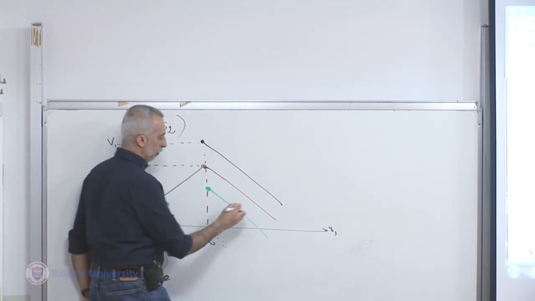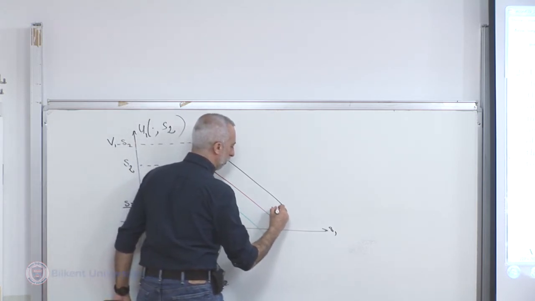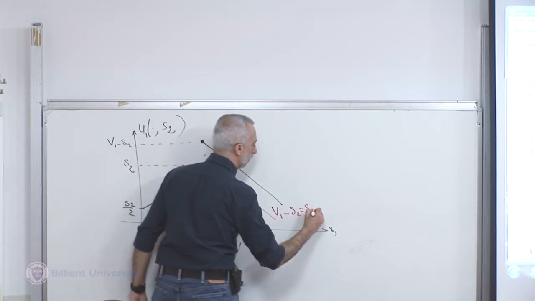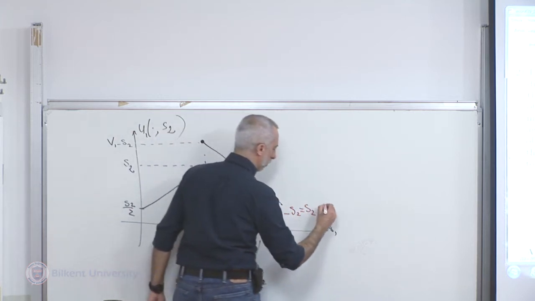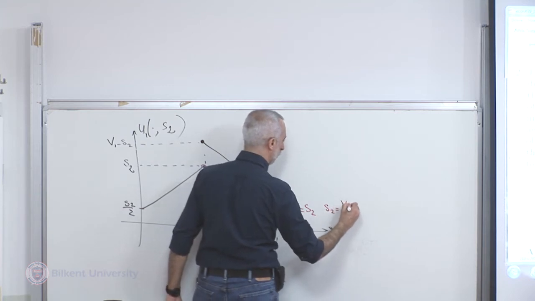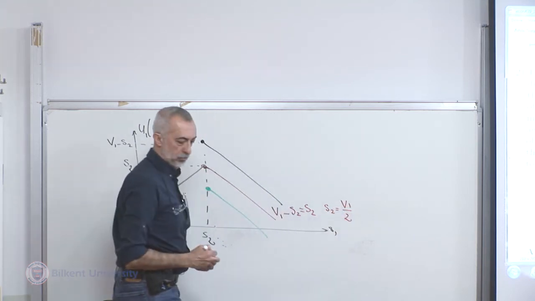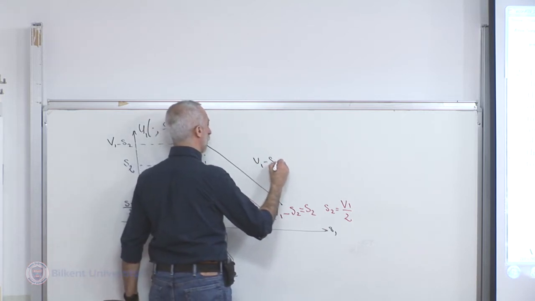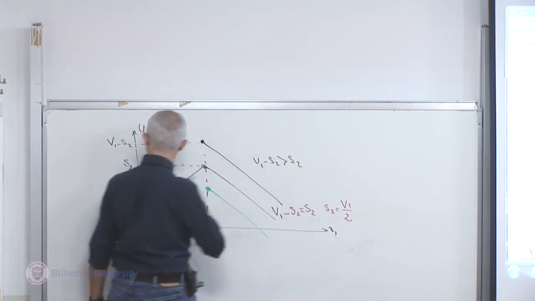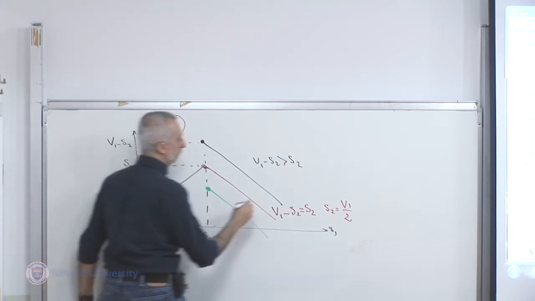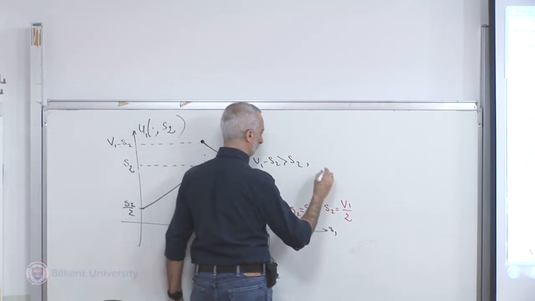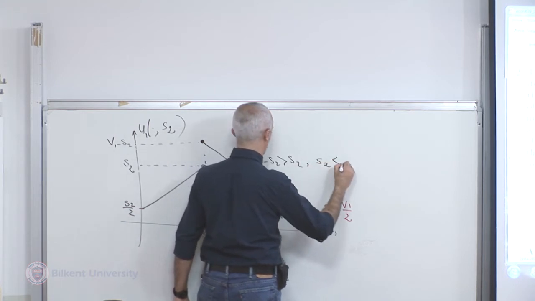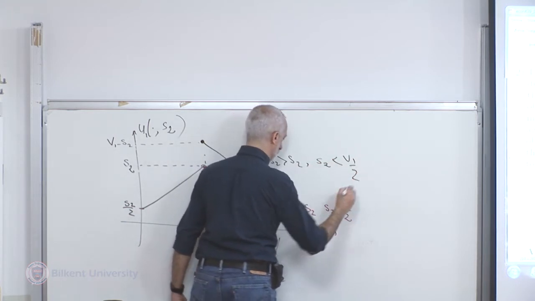Okay. So this is the case where V1 minus S2 is equal to S2, or S2 is equal to V1 over 2. This is the case where V1 minus S2 is bigger than S2, or S2 is less than V1 over 2.